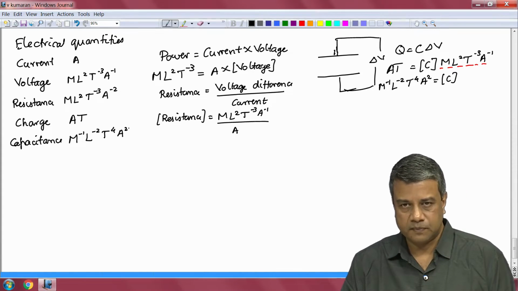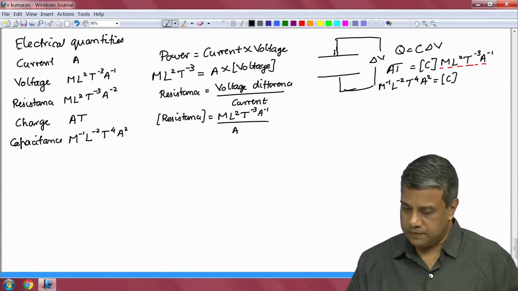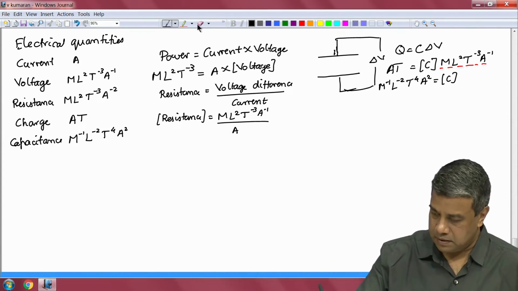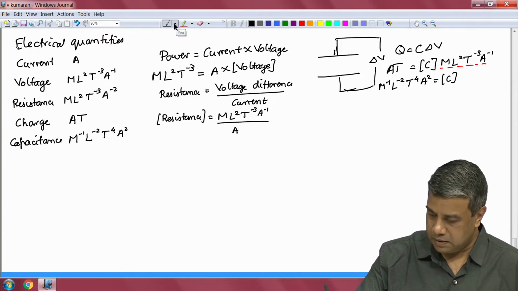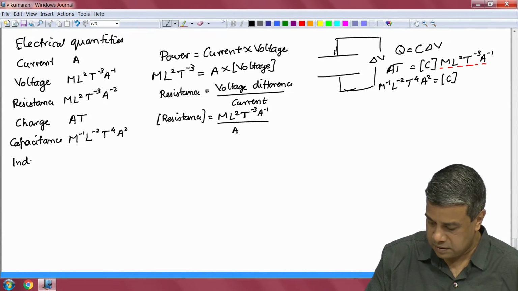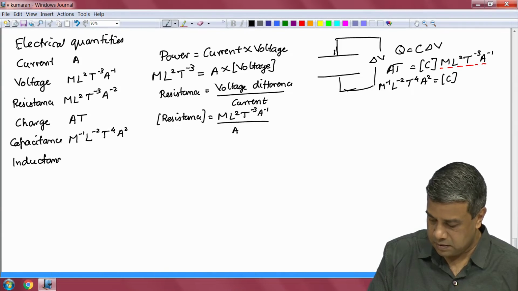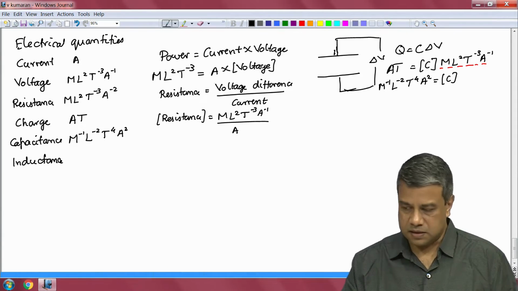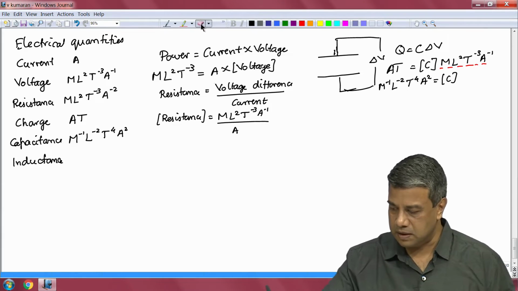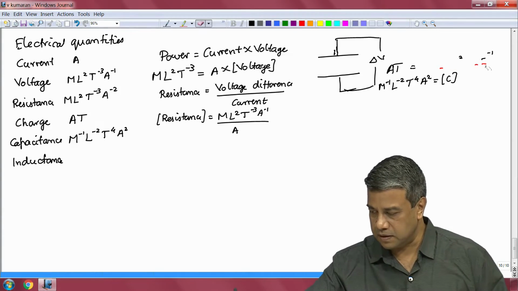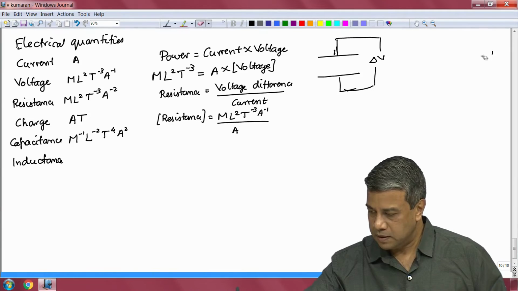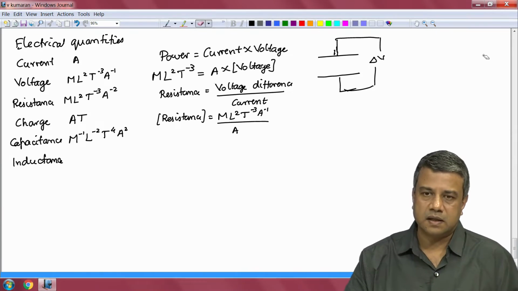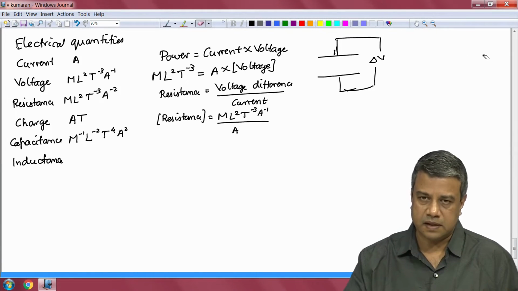The other quantity that is often used in electrical systems is what is called the inductance. The capacitance was related to the charge stored; the inductance is related to the rate of change of current. If you have a steady current, then there is no voltage difference for an inductor.